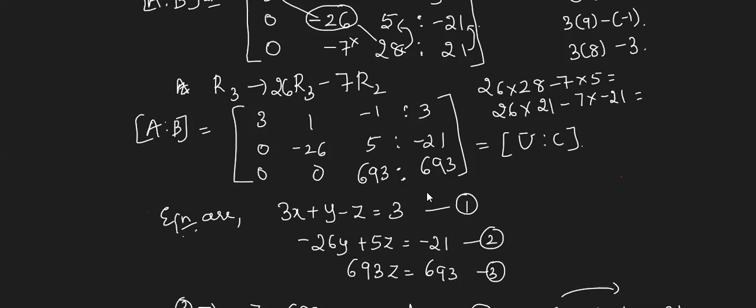Corresponding to 28, my corresponding R2 element is 5. So in this equation, for R3 I have to write 28 and for R2 I have to write 5. So I am writing 26 into 28 minus 7 into the R2 corresponding element, 5. If you do this, use your calculator and check. Will 693 come or not? Yes, ma'am, it is coming. He had a doubt, no? Let him confirm.